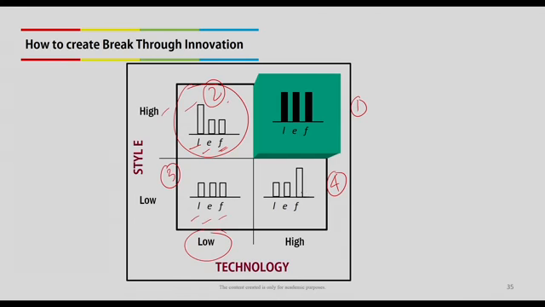In the fourth quadrant, lifestyle impact is low, ergonomics is also low, but functional features are very high. From all these quadrants we have to move to the first quadrant, where lifestyle impact should be high, ergonomics should be high, functional features should be high, and it should be value driven.